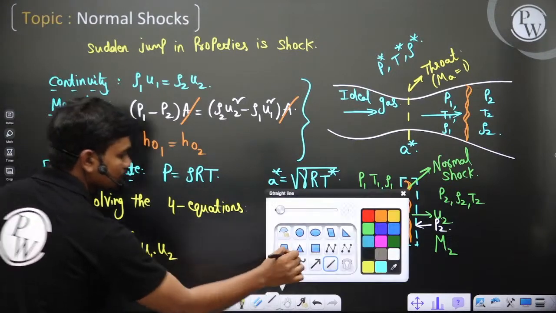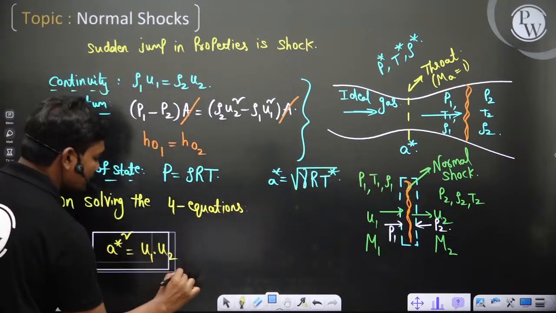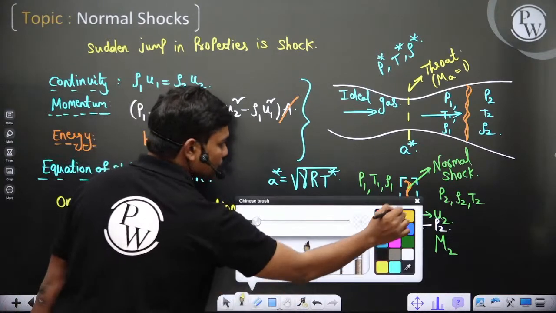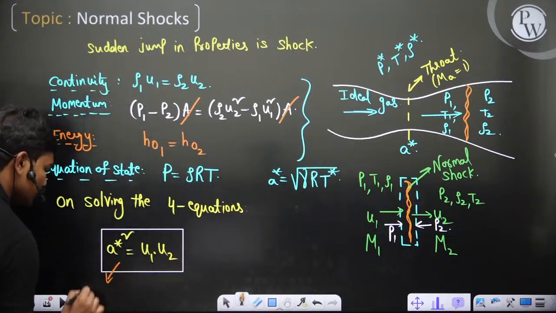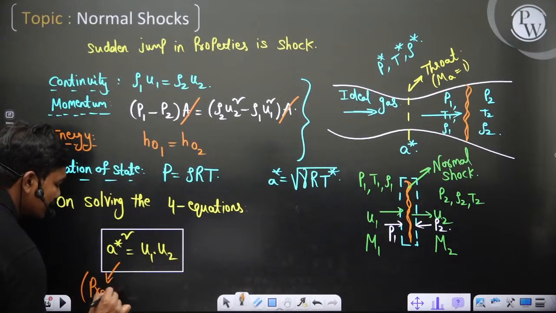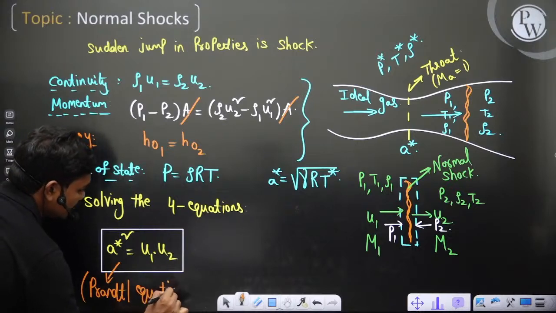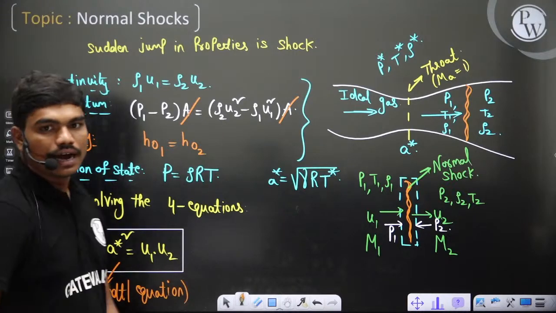This is one very important equation which you will generate in this analysis. So A star square is equal to U1 U2, and in the case of normal shocks this equation is called Prandtl's equation. This is very important.